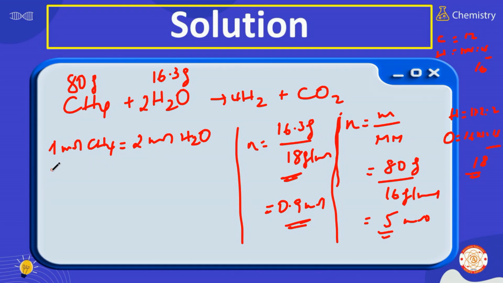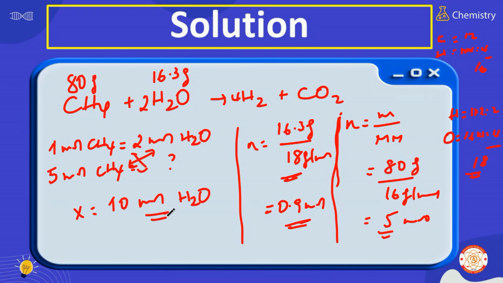If I have 5 moles of methane, how many moles of water do I need? Crisscross. So X equals 10, right? 10 moles of water are needed.